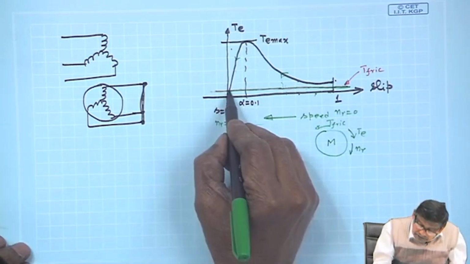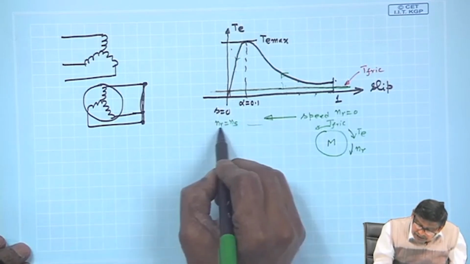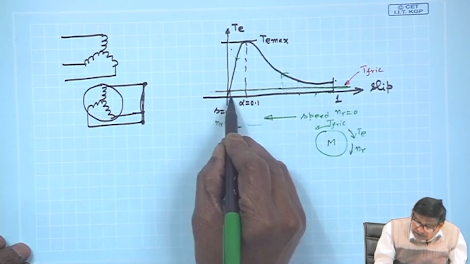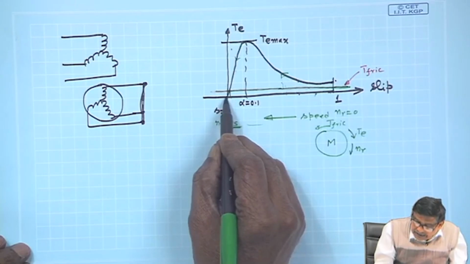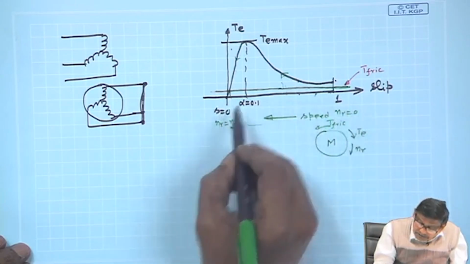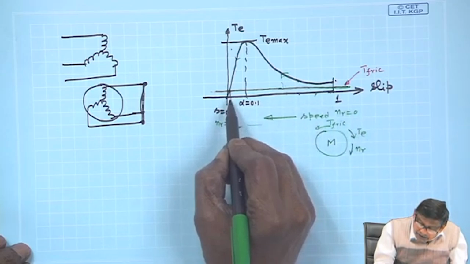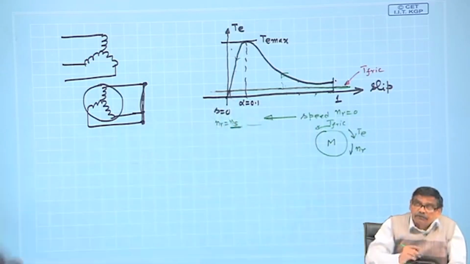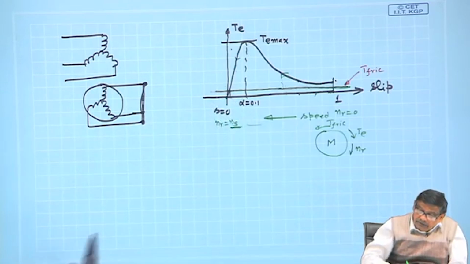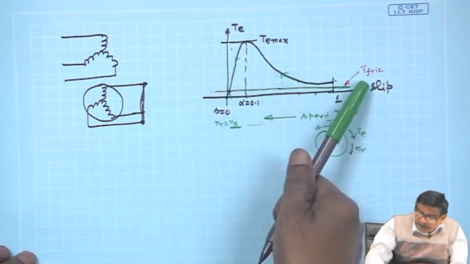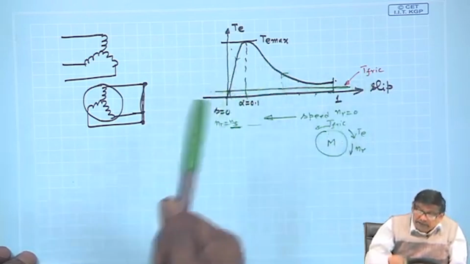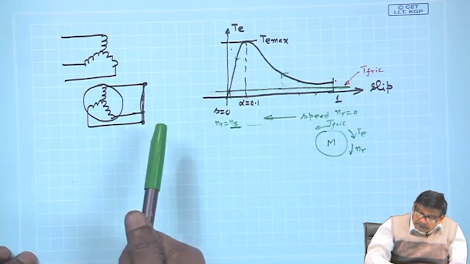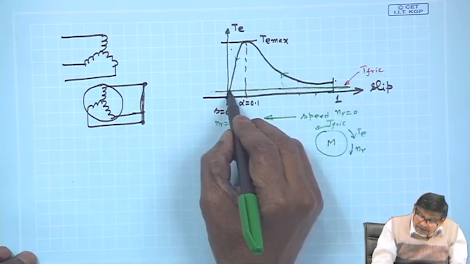Therefore, it will run at a speed very close to synchronous speed. This is ns in terms of speed. The operating point will be this one. It has to develop certain amount of electromagnetic torque, which will match the friction, and yes, the machine is capable of doing that, and it is here it does so.